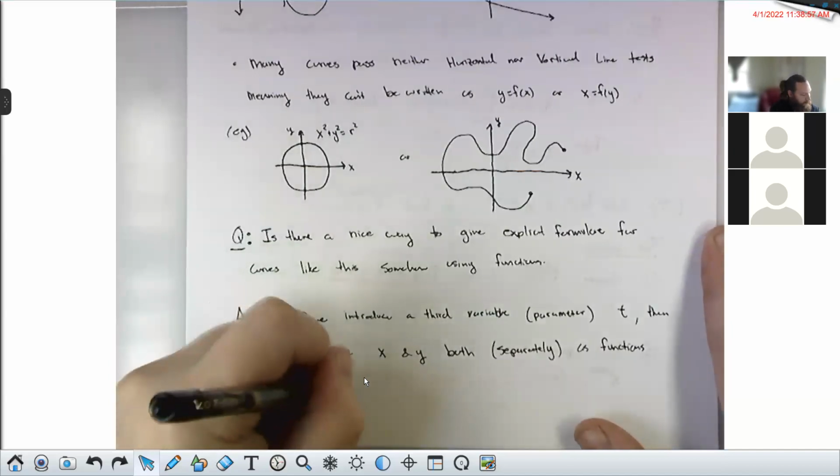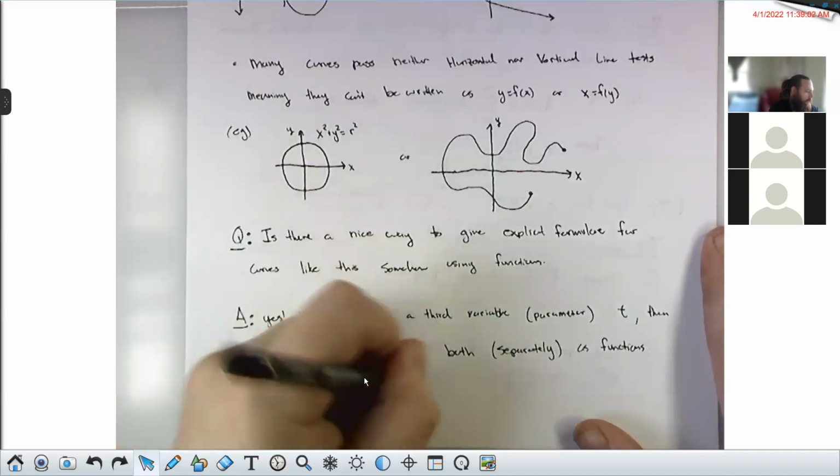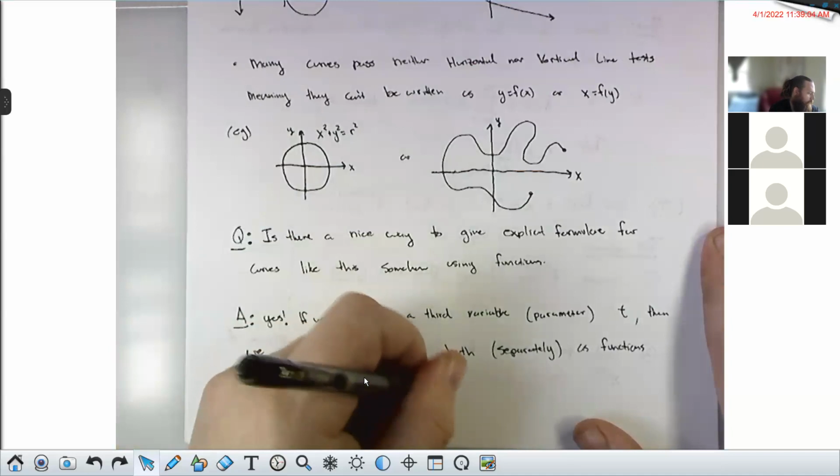And this would be like x equals x of t, y equals y of t.